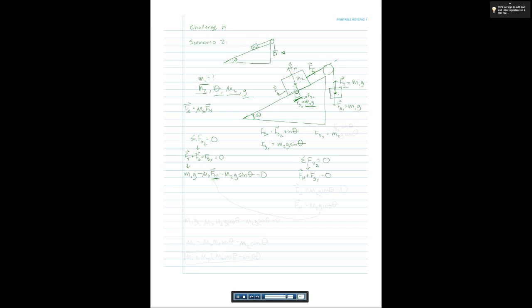I'm going to skip a step here: it's M2G cosine theta, because it's FG2 cosine theta, and I replaced FG with mg. Because the weight is moving down, I'm going to say normal force minus M2G cosine theta, and now I can add that to the other side. Plug that in for my normal force.